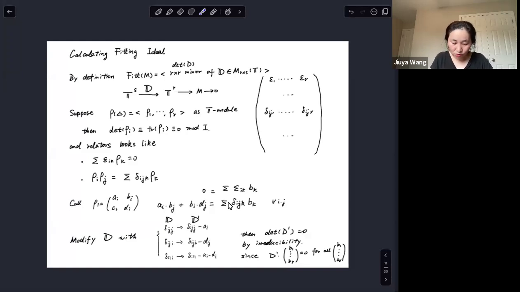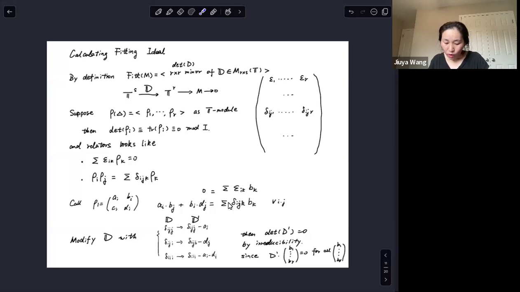Let's write this rho i as some matrix A, B, C, D. By looking at the B entry, for example, of the rho i times rho j matrix, you get equations among these B_i. Similarly, you get similar equations for all of these A, B, C, D entries. And you can also get relations of this epsilon type.